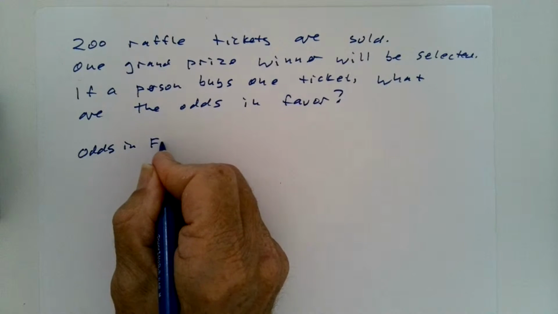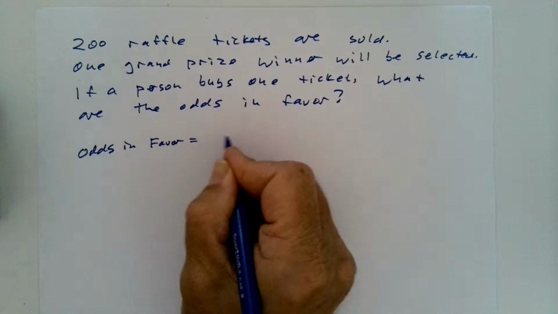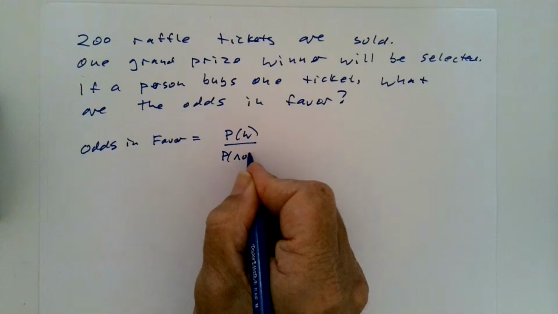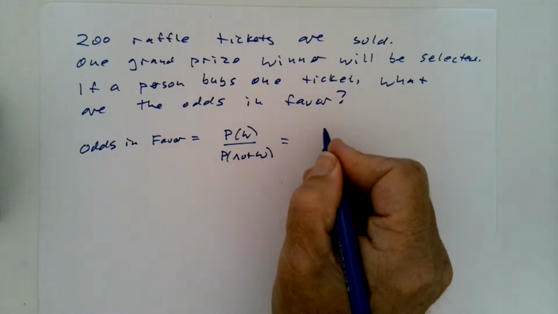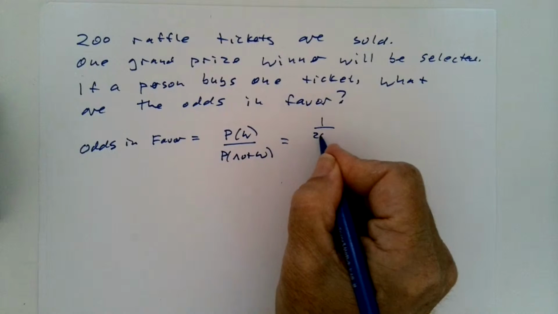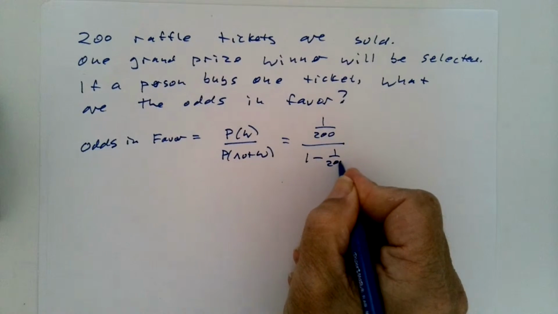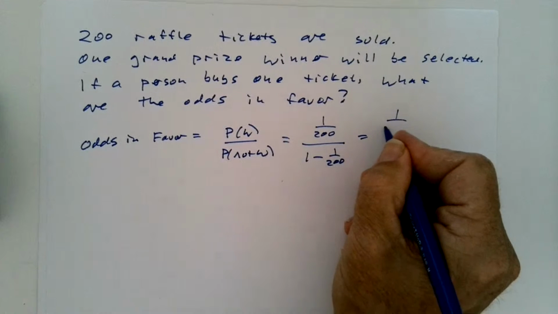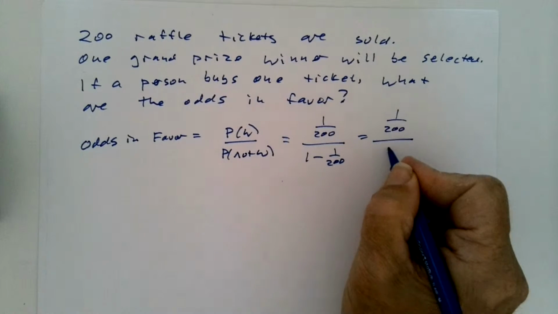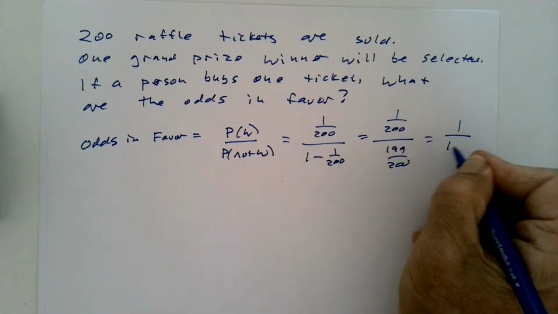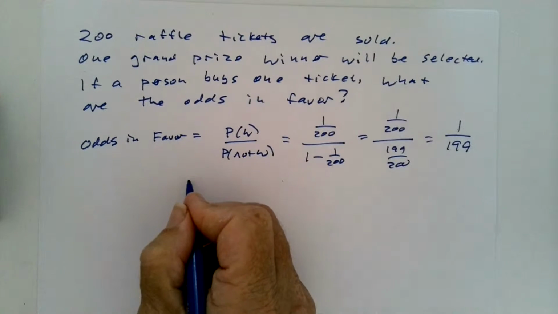Odds in favor: probability of winning divided by probability of not winning. Probability of winning 1 in 200 divided by the probability of not winning, 1 minus 1 in 200. Again, 1 in 200 divided by 199 over 200, which gives us 1 over 199, or if you like, 1 to 199.